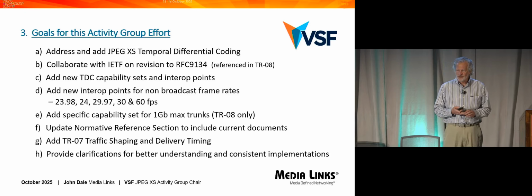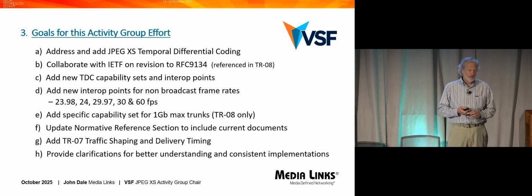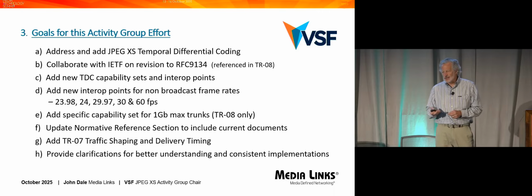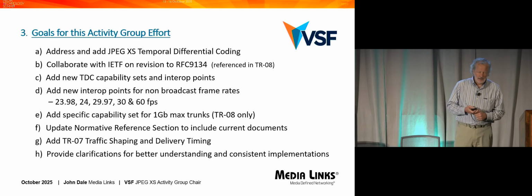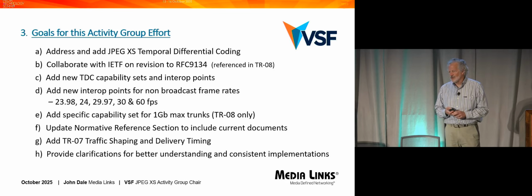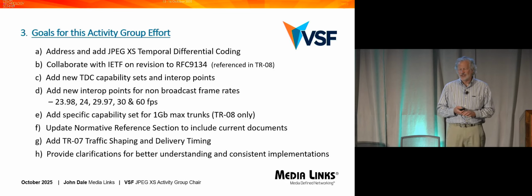There's a new capability set for TDC. There's new interoperability points for TDC. In addition, and this was a change for all of the JPEG work that we've done so far in the VSF, there's specific frame rates now for non-typical broadcast, and you see them listed on the screen.